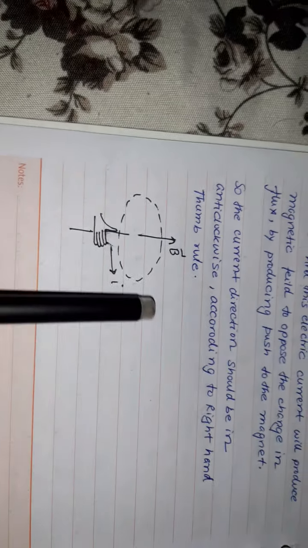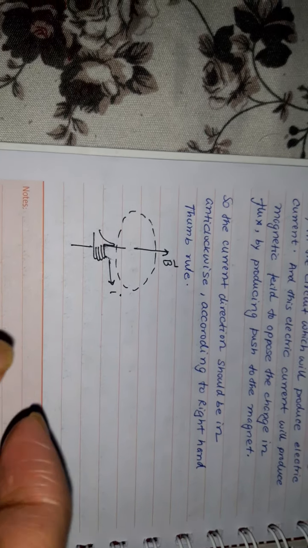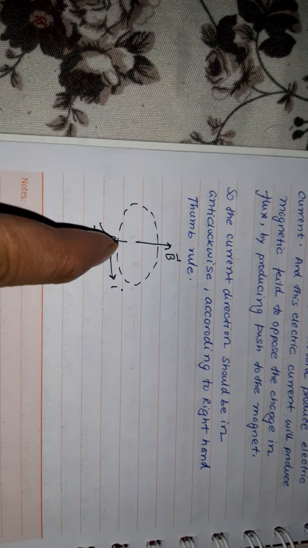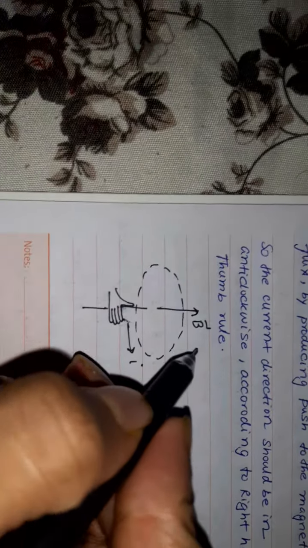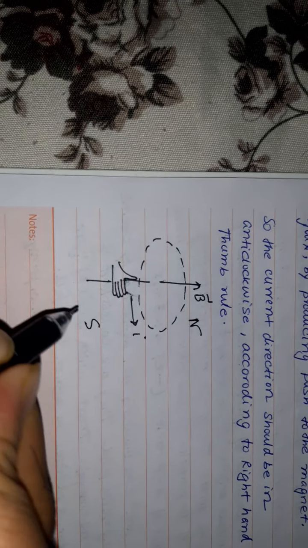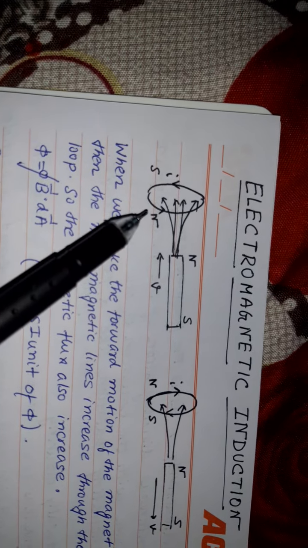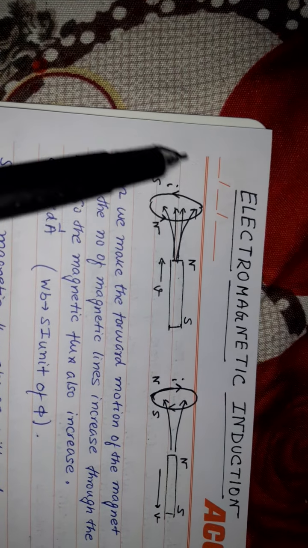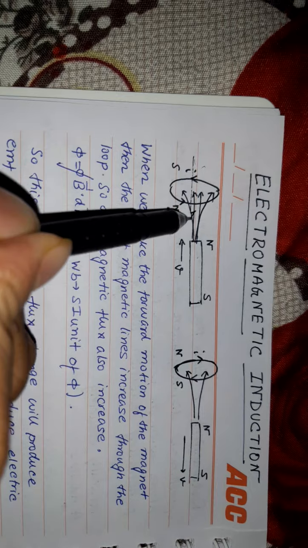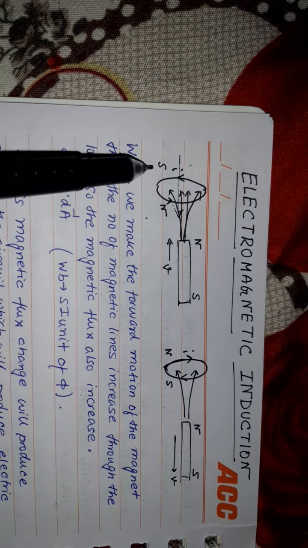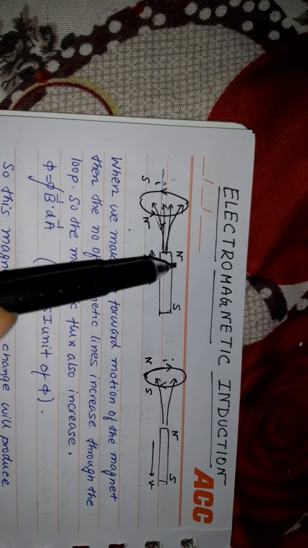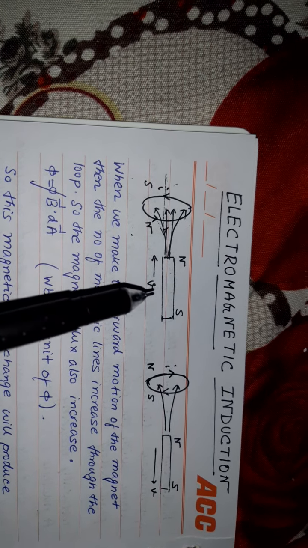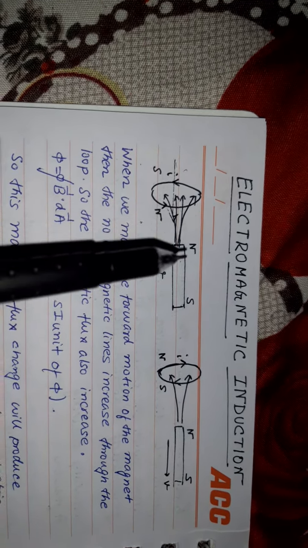If we apply the right hand thumb rule, curling our fingers along the current, the magnetic field will be along like this. So this will be the north, and this will be the south. So the north is here, and this north will oppose the magnet's north, so it will oppose the magnet coming forward, or the flux increase. So it will oppose the change.